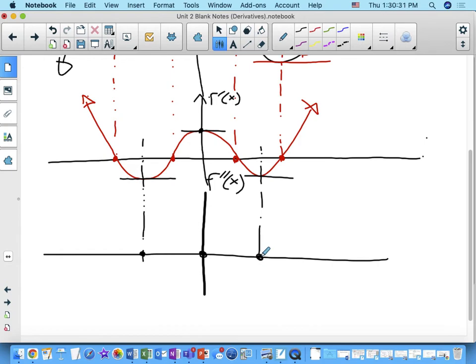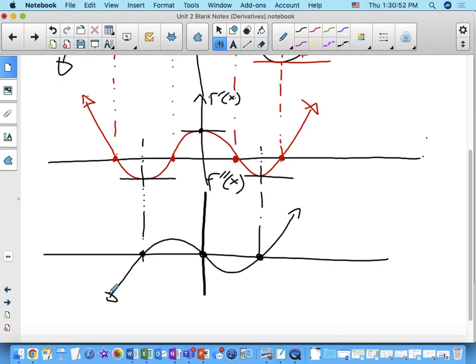Okay. What is the sign of that slope? Negative, then positive, then negative, then positive. So it goes negative, positive, negative, positive. Okay, let's actually see if that worked out.